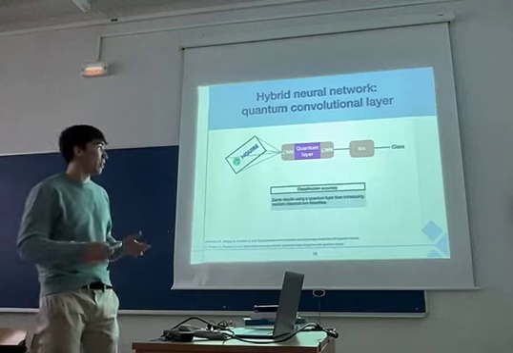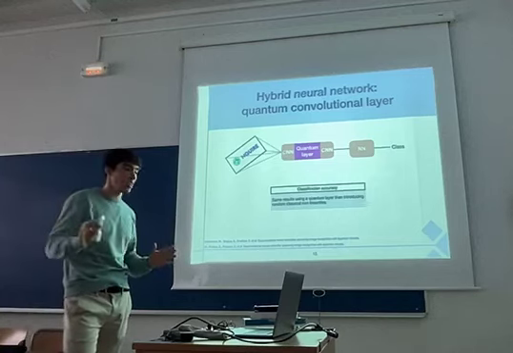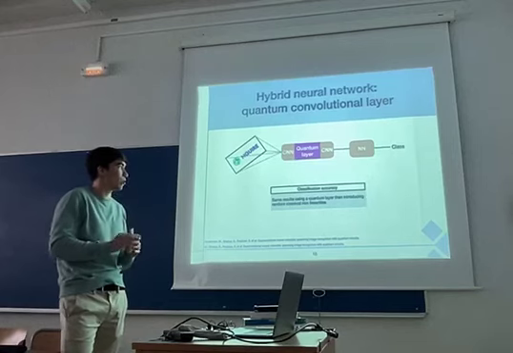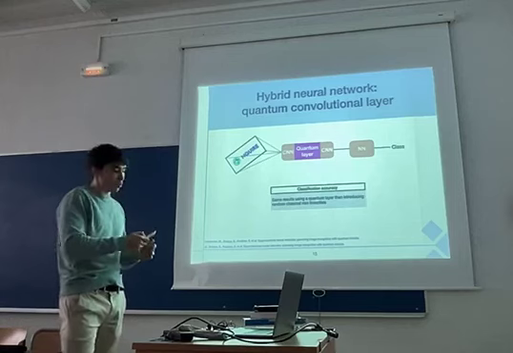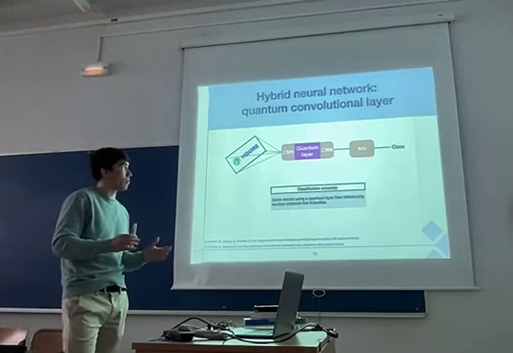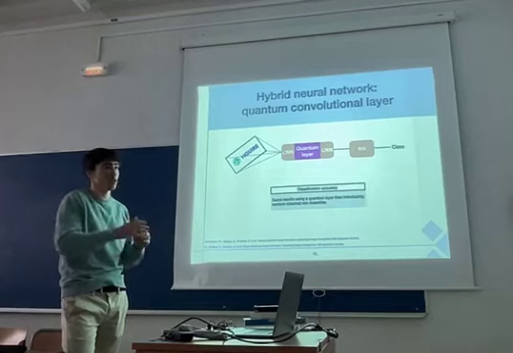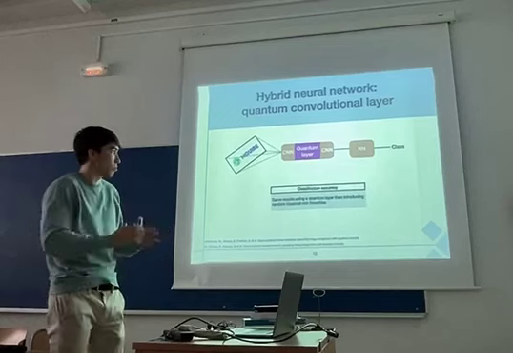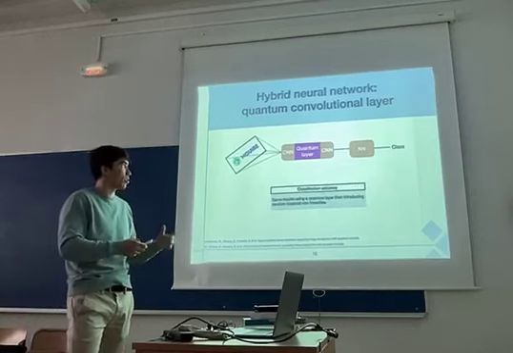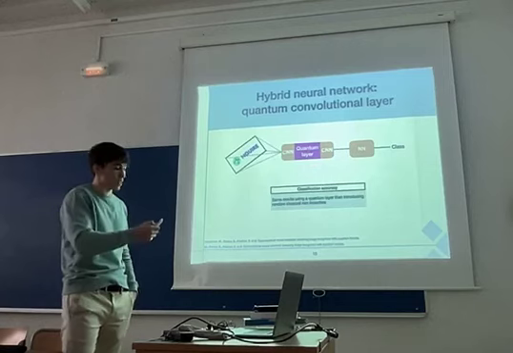And the results are that using this approach, you obtain the same results that you would obtain classically by introducing random nonlinearities. So introducing a quantum layer here, what is improving is that they are introducing some nonlinearities, but they can be introduced classically in an easy way. So you are not obtaining better results by introducing a quantum layer in the convolutional neural network part.